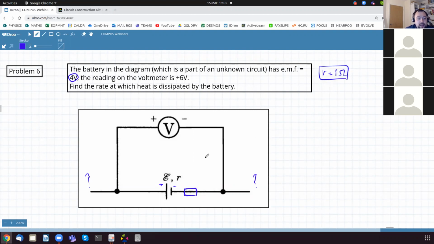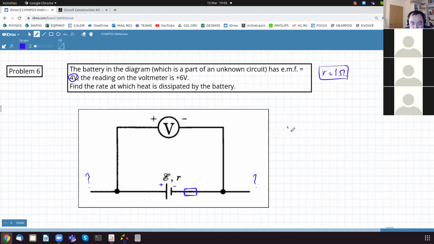Okay. So how does that work? Well, we have the formula for the internal resistance. We know that the EMF of the battery is equal to, sorry, that's not it.